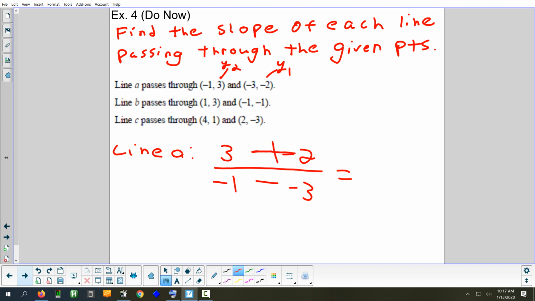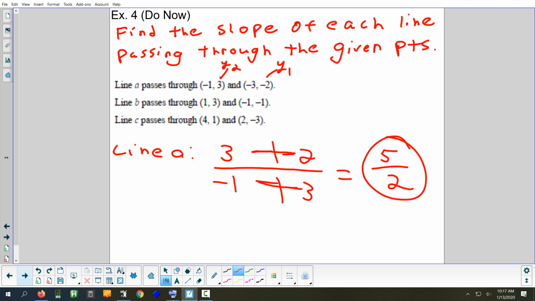So 3 plus 2, it's going to give me 5 in the top. And how about the bottom? Gotta make it a positive. So -1 plus 3. Yep, it's going to become a positive because it's a minus a minus again, and that becomes positive 2. Now remember, when you write slope, don't worry about a decimal. Just leave it as 5/2. Done.